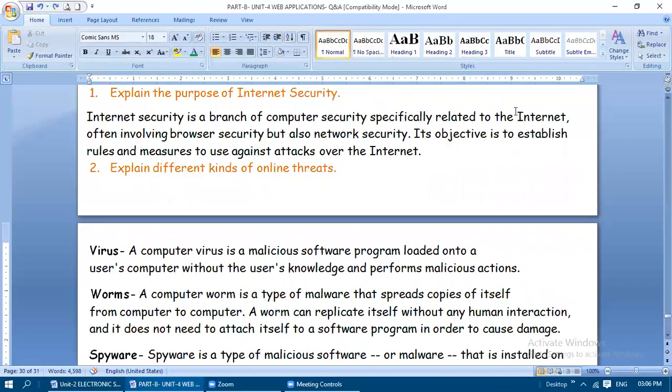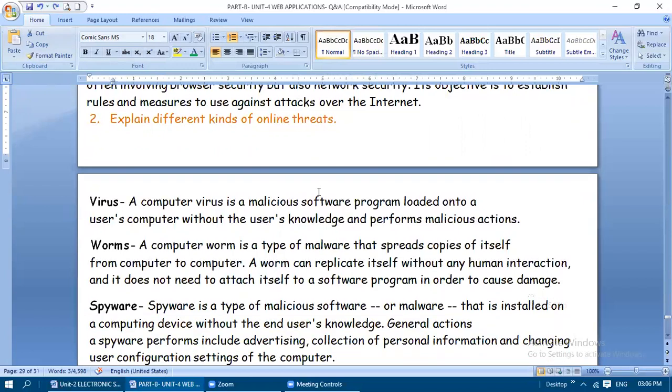Its objective is to establish rules and measures. The main objective of internet security is establishing rules and measures to use against attacks over the internet. So in the internet, if any kind of attack is occurring, these measures and rules are going to be used against these attacks.